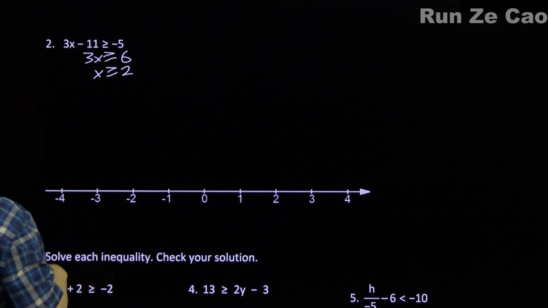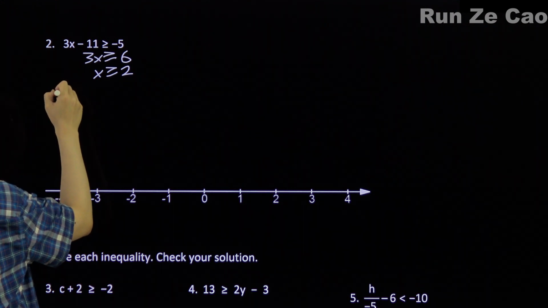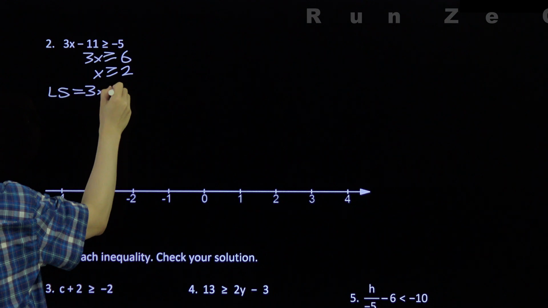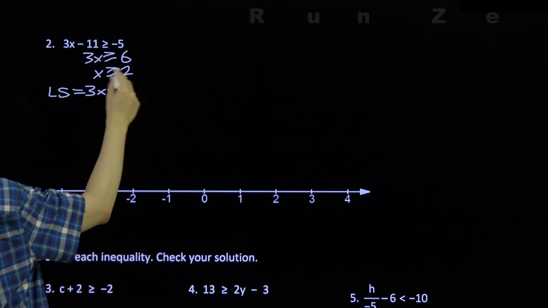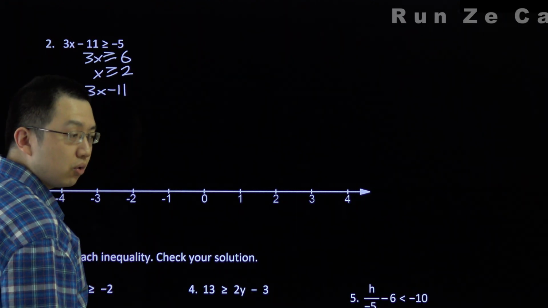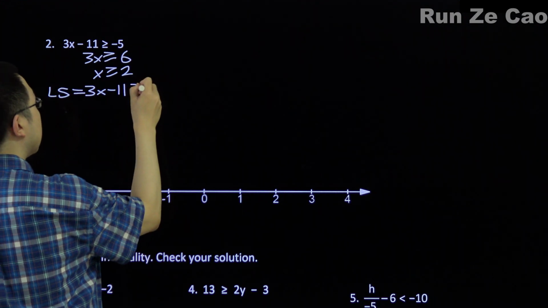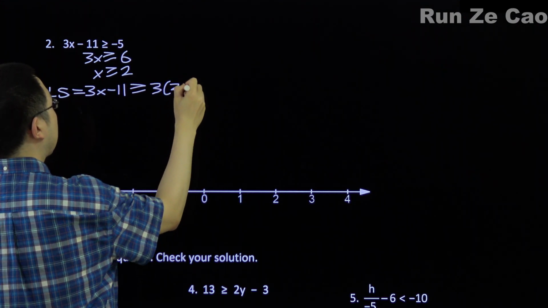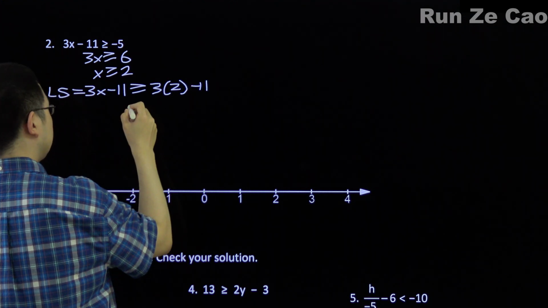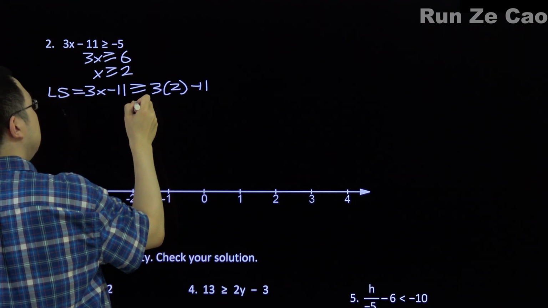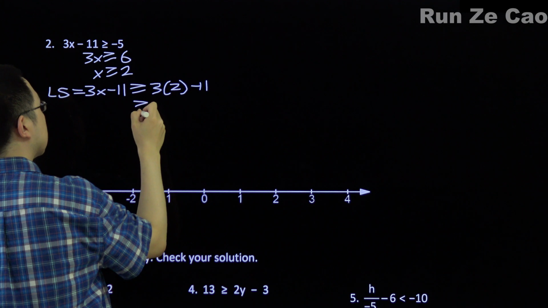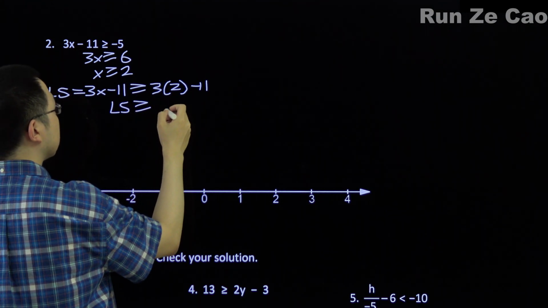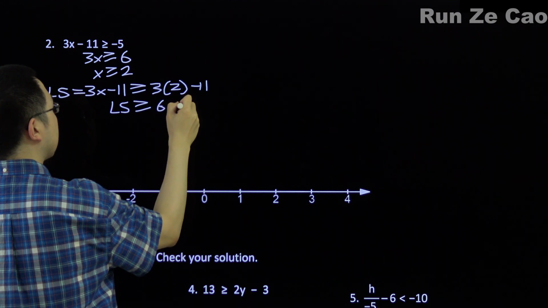Now, to check this, you got left side equals 3x minus 11. And because x is bigger than or equal to 2, this is going to be bigger than or equal to 3 times 2 minus 11. Which means left side is greater than or equal to 6 minus 11.